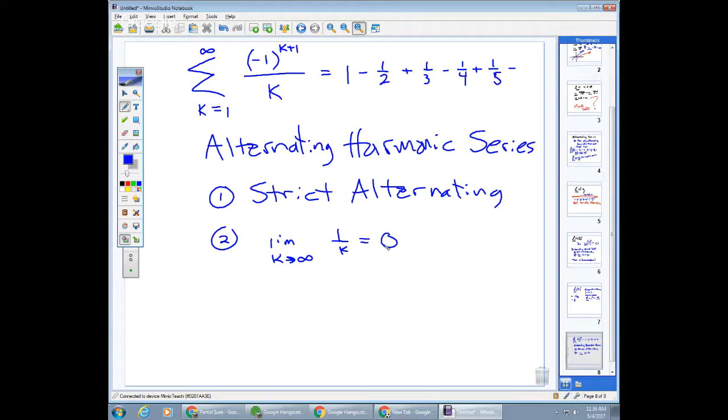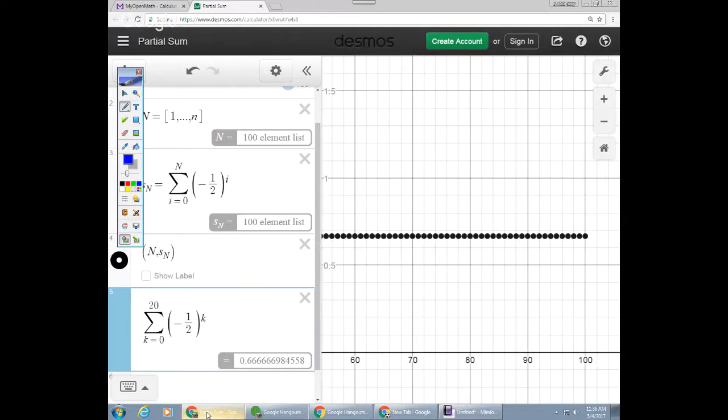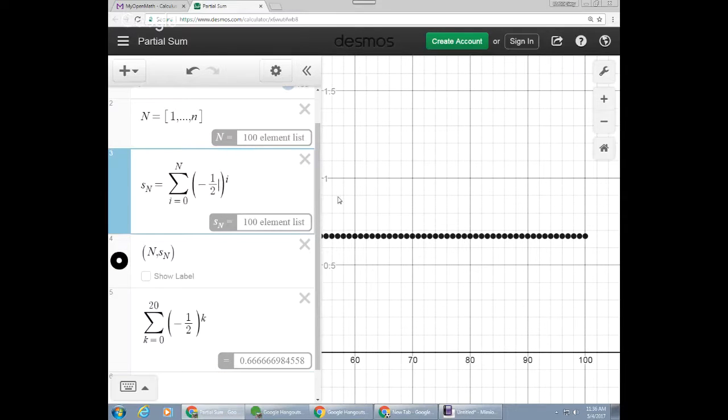According to the alternating series theorem, this has to converge. This does converge. Ooh. But to what? Let's play. So it does converge according to the theory. I'm going to ask where it goes.